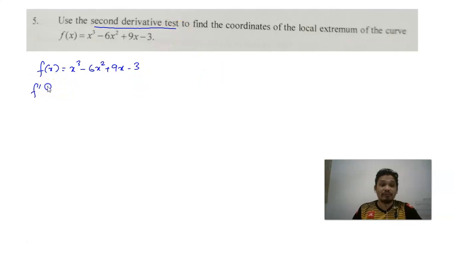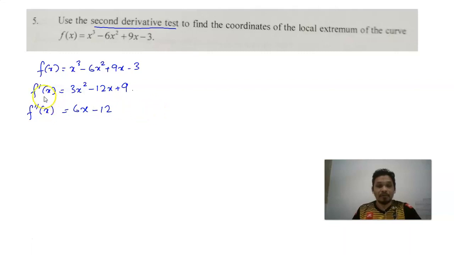So f prime x equals 3x squared minus 12x plus 9. Then f double prime x, the second derivative, equals 6x minus 12.